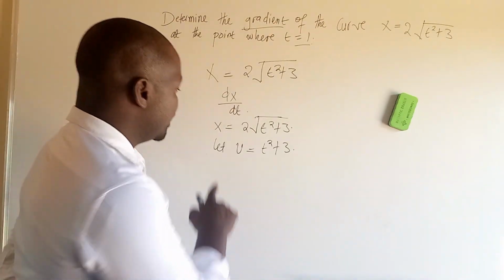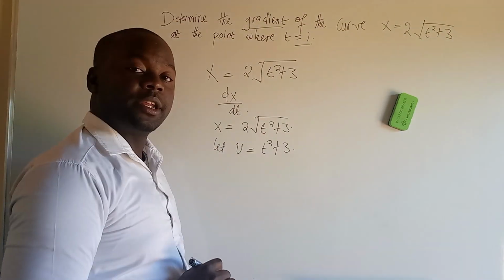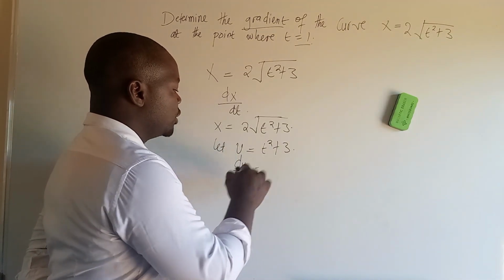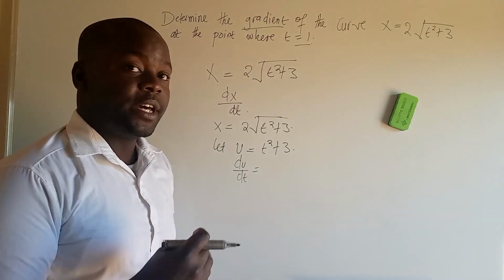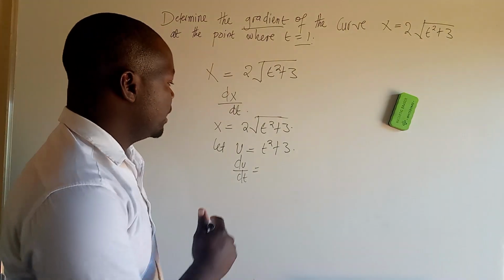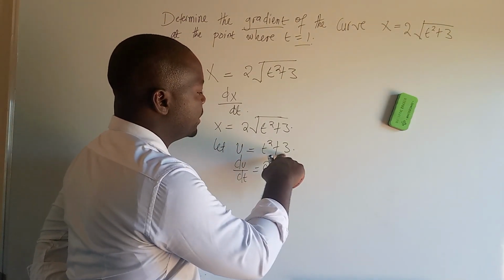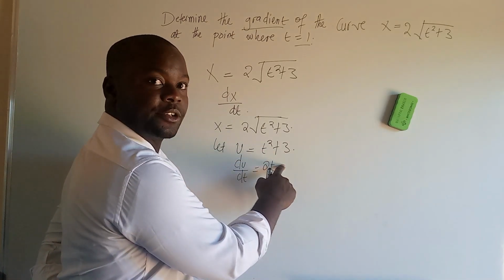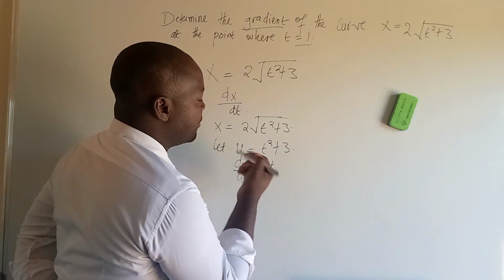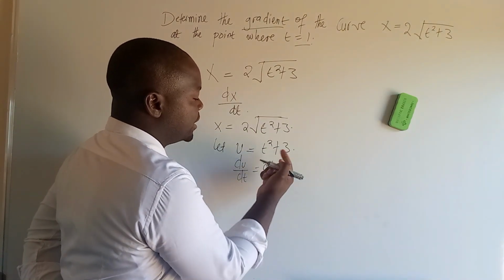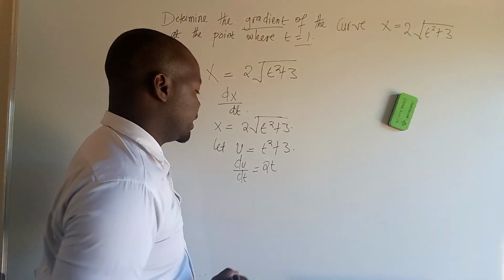If we let u be t squared plus 3, let's find out what du over dt is. Using the very simple derivative rule, this will be 2t. And then the derivative of 3 is 0. So this 2t is coming from the derivative of t squared. Since the derivative of 3 is 0, there's no need of writing a 0 here.